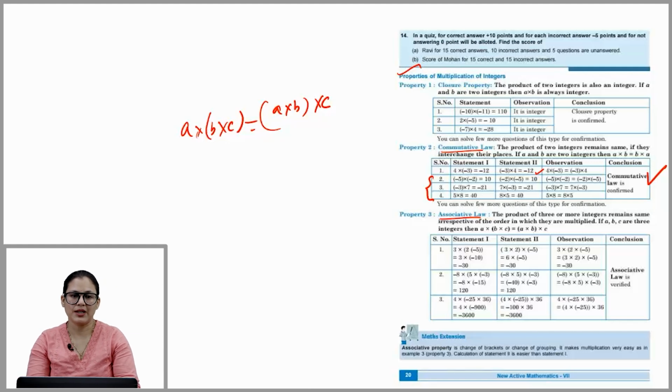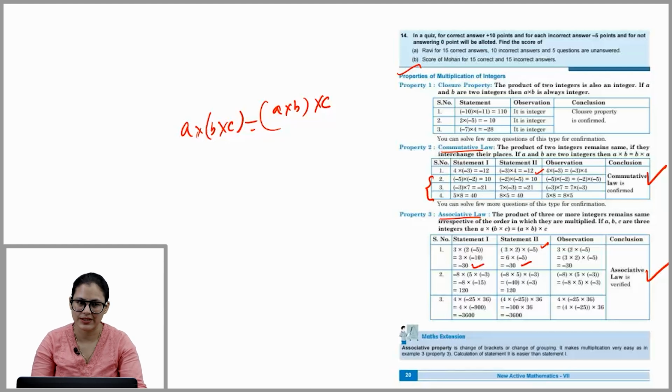So, statement 1 is 3 into, in bracket, 2 into minus 5. Okay. So, the answer is minus 30 and statement 2 is 3 into 2 in bracket and then minus 5 and the answer is minus 30. That means associative law is verified. Okay. So, no matter if you change the order of the integers, the product always remains the same, right?